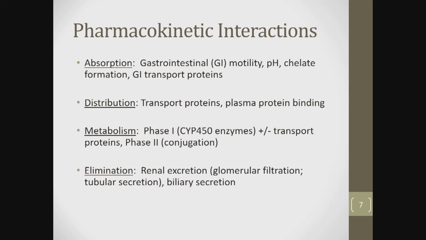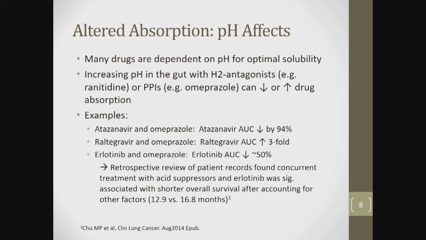Some pharmacokinetic interactions. We generally put these in one of four categories: interactions affecting drug absorption, distribution, metabolism, or elimination. So first we'll start with absorption. So altered absorption might be impacted by pH. We know that a lot of drugs are dependent on an optimal pH for their solubility and hence permeability or uptake into the absorption.